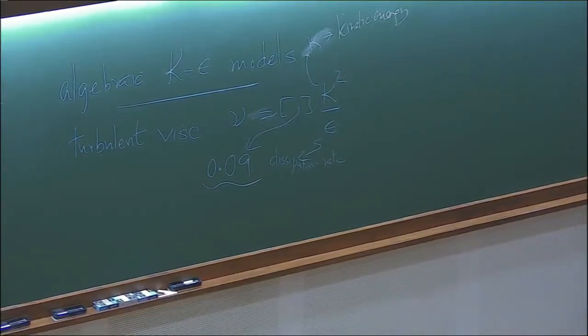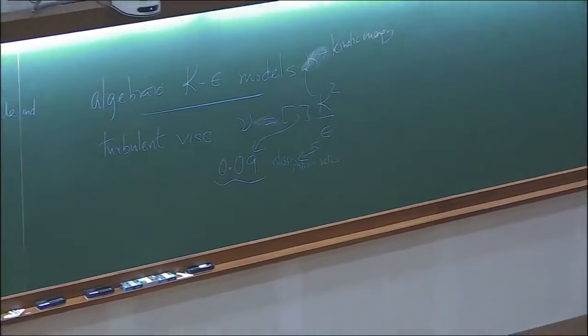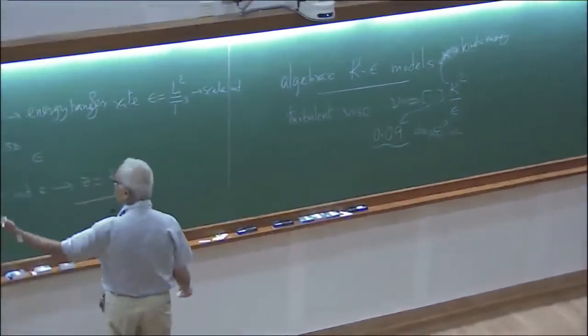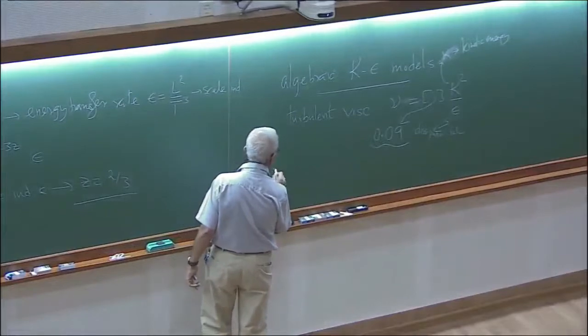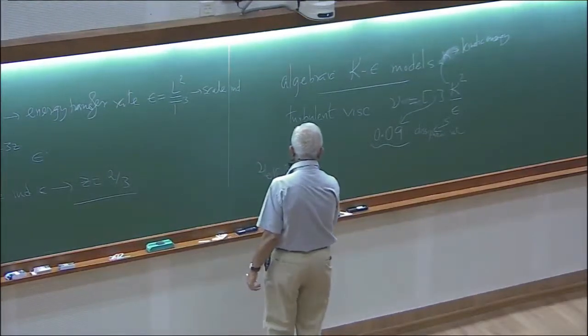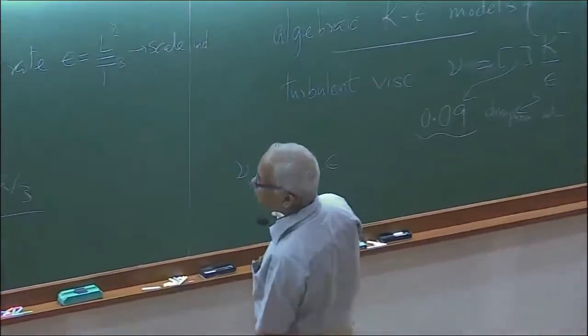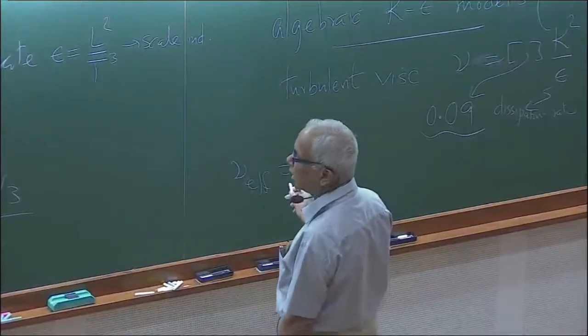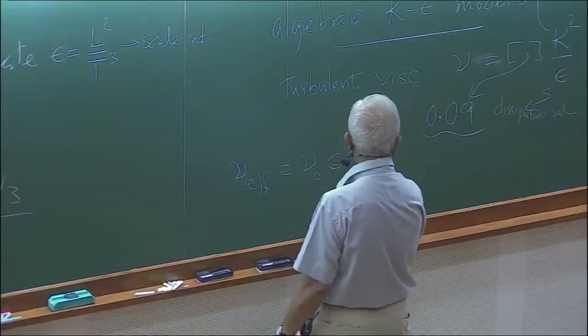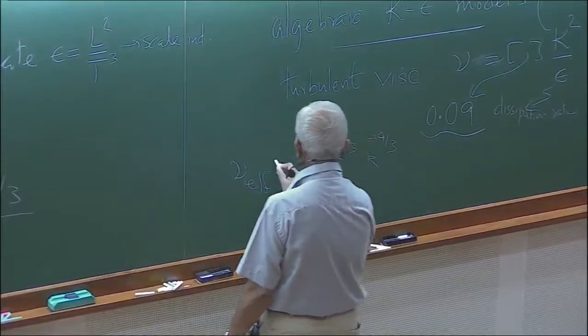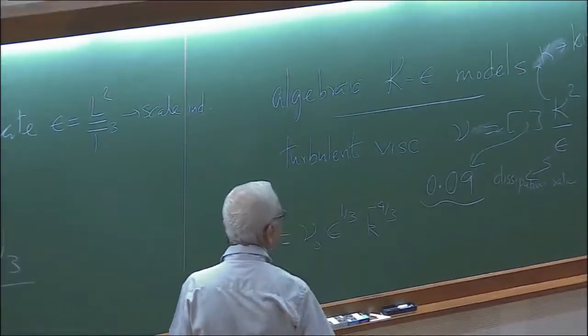And the reason I want to point this out is that if you now take the scaling argument, which gives you a new nu effective equal to some constant nu 0, epsilon to the power 1/3, k to the power minus 4/3, as a function of k at this wave number.